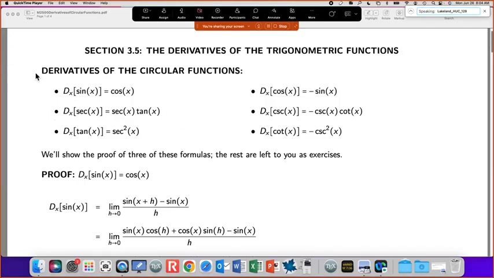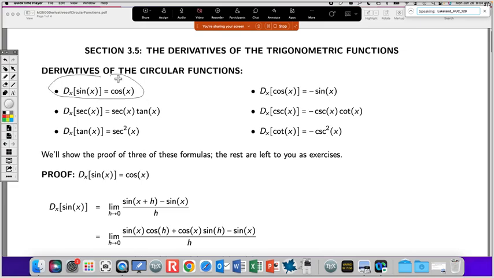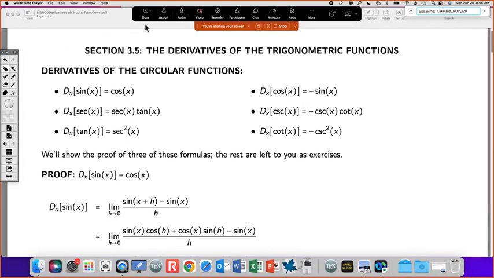Let's start off with this one. The derivative of sine is cosine. So let's see why that's true.